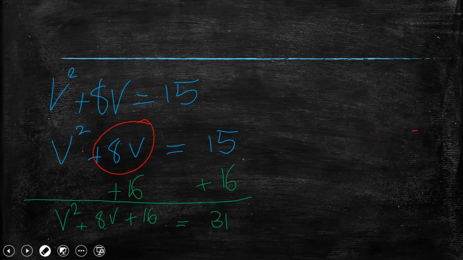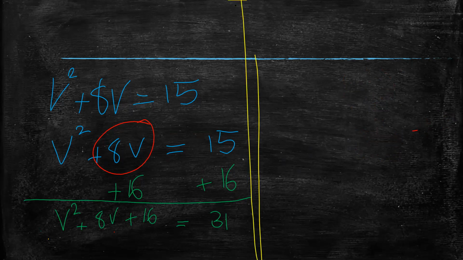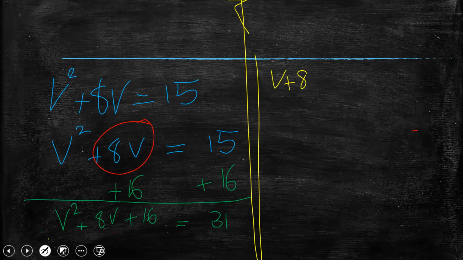Then, what is the next step? We'll factorize it. It is a perfect square trinomial. It will be v plus 4 times v plus 4, which is equal 31.